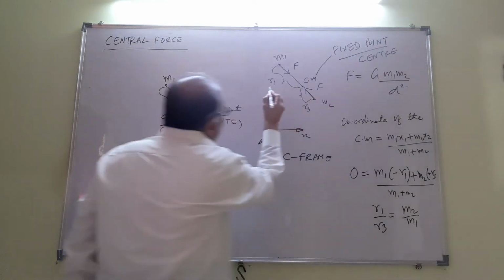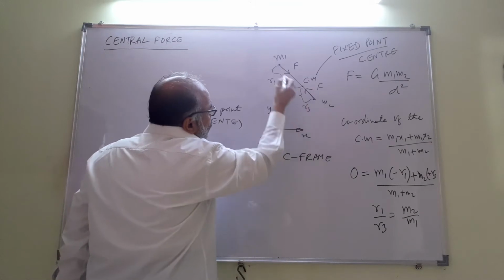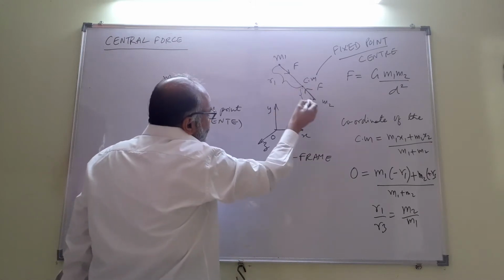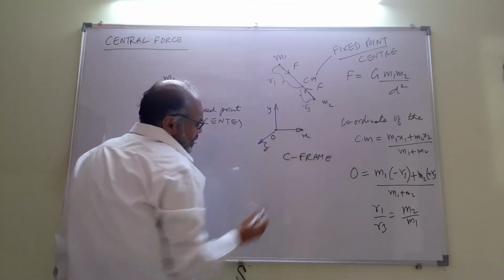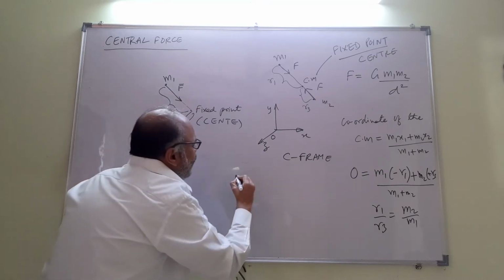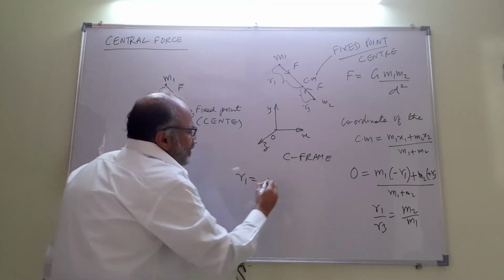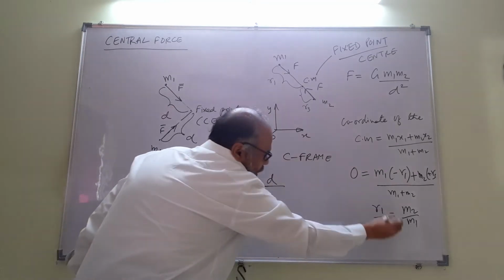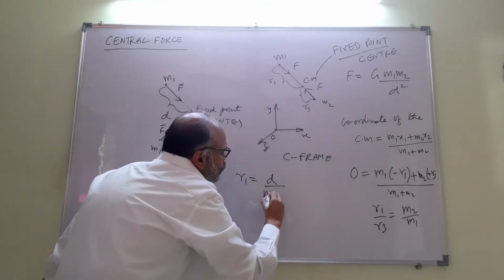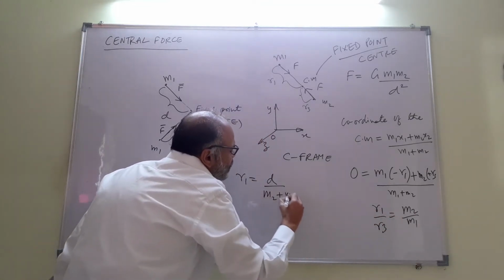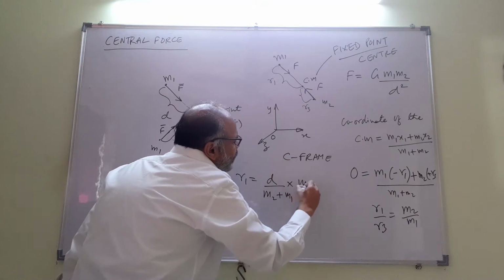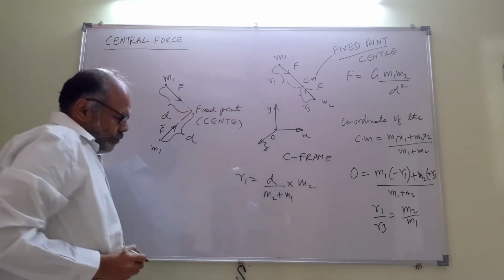Now we know the distance between the two particles is d. So we can get r1 as d by the ratio m2 by m1. The total number of parts is m2 plus m1, and you take m2 parts.